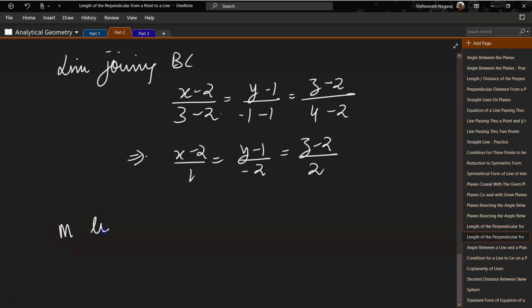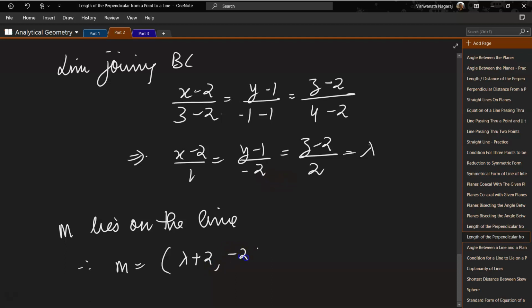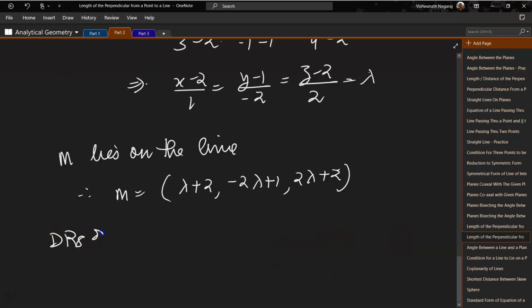So we know M lies on the line, so if this is equal to lambda, we can solve for each one of them here itself. x is equal to lambda plus 2, similarly minus 2 lambda plus 1, 2 lambda plus 2. And the drs of AM would be lambda plus 2.